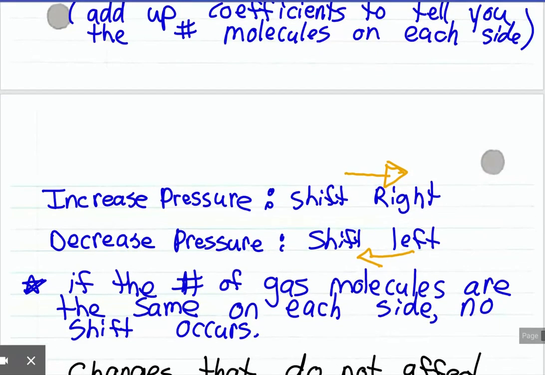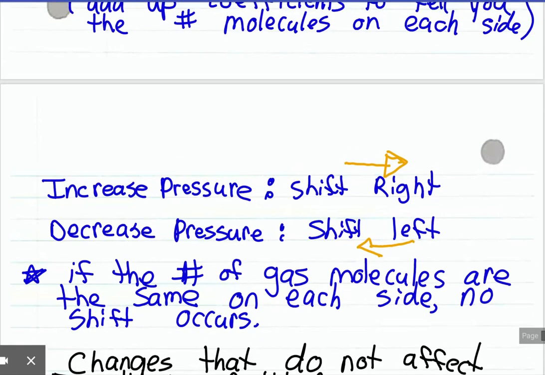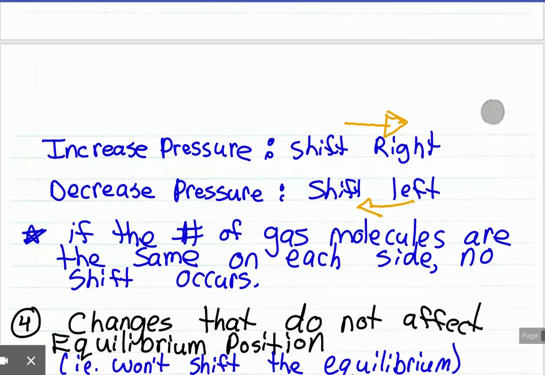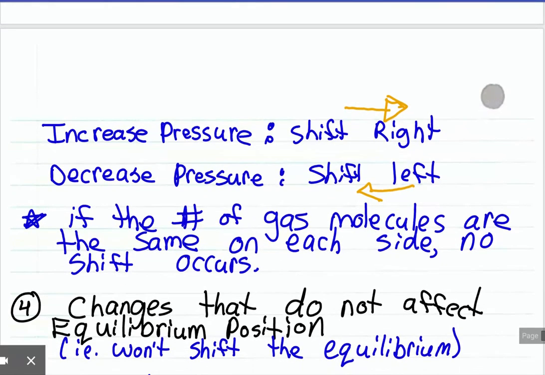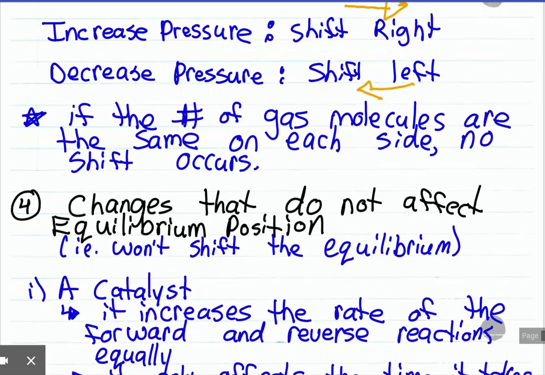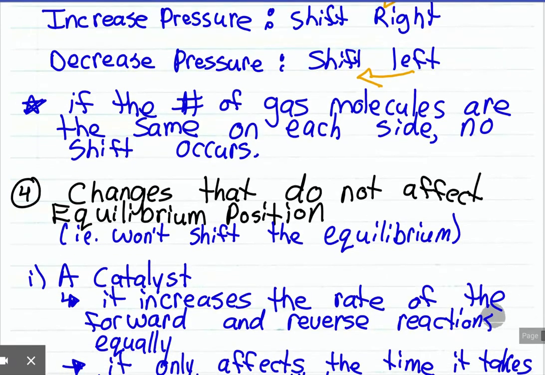All right. Now that we've talked about concentration, energy, and volume and pressure, we need to look at changes that are not going to affect equilibrium. These are things that, even if you apply them to a system in equilibrium, are not going to shift the equilibrium. The first one is a catalyst.